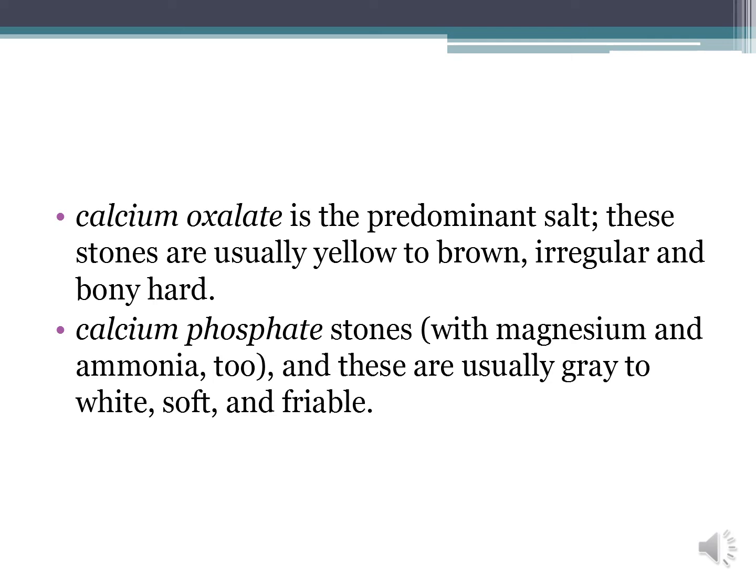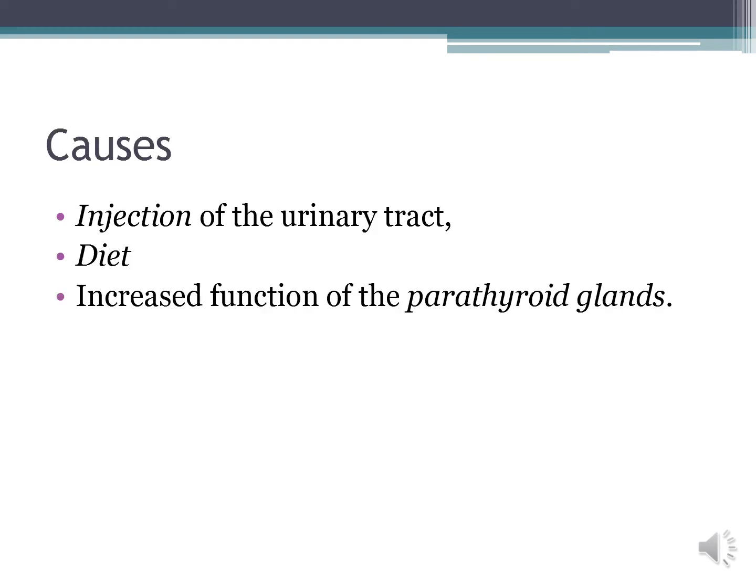Calcium phosphate stones with magnesium and ammonia are usually gray to white, soft, and dry. The causes of urinary stone formation are infection of the urinary tract, diet, and increased function of the parathyroid glands.